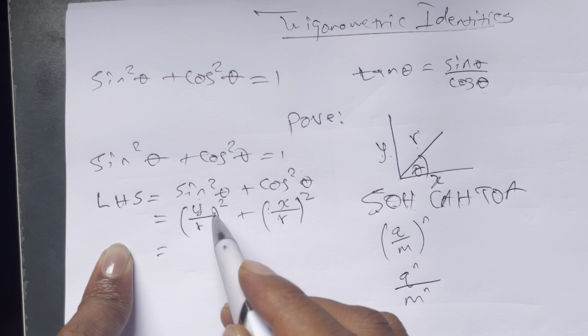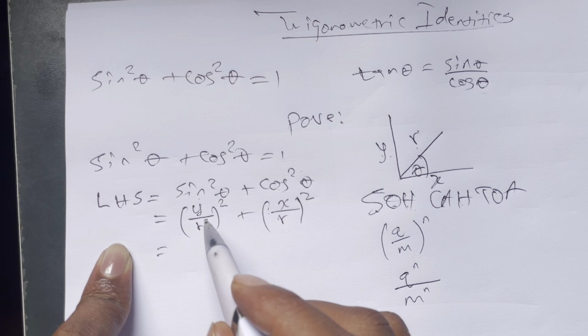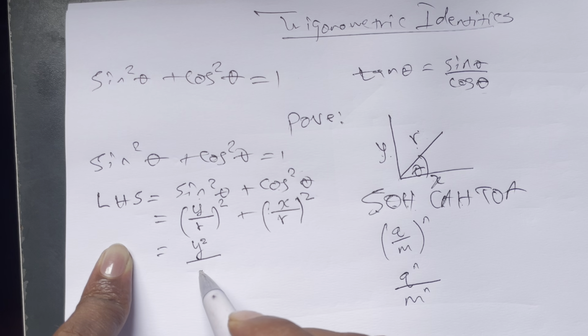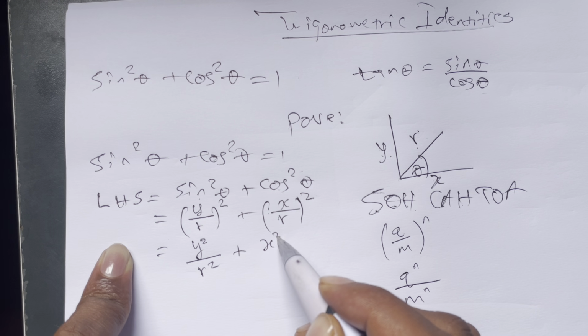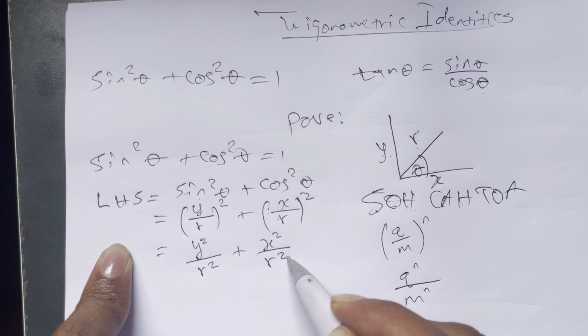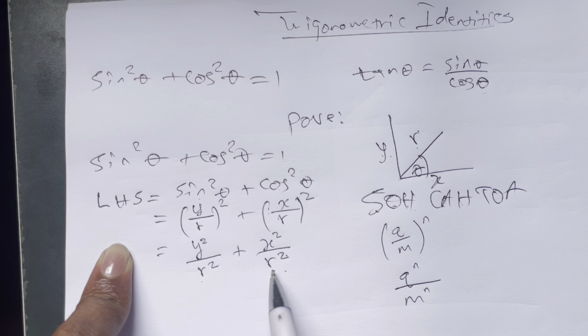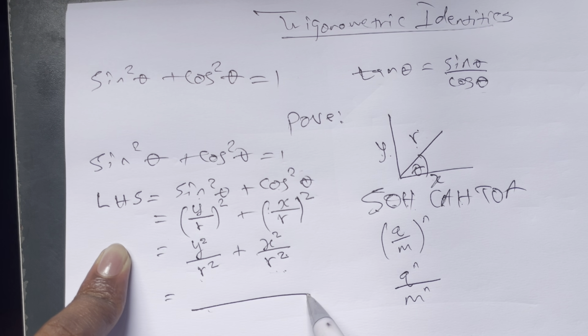So you apply it here. Y over r all squared could be written as y squared over r squared plus x squared over r squared. Notice this, r squared is a common denominator. So write r squared as a common denominator, bring this as it is.